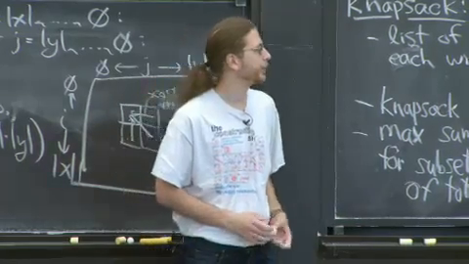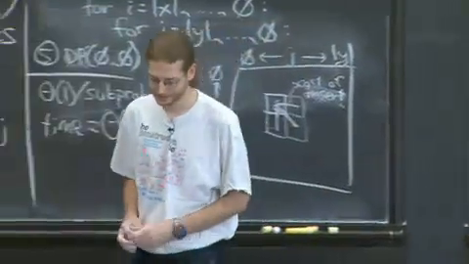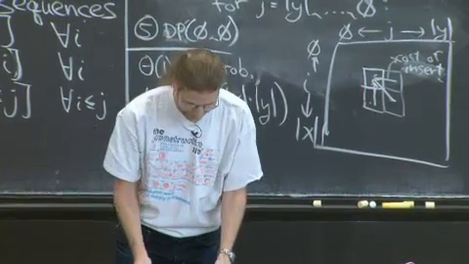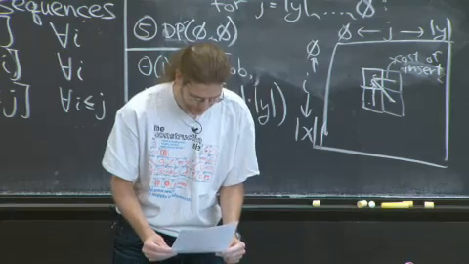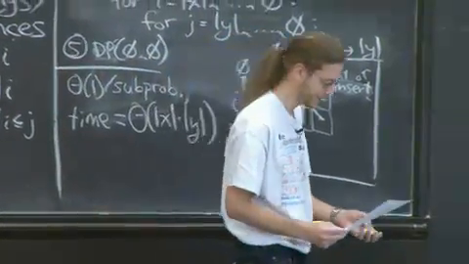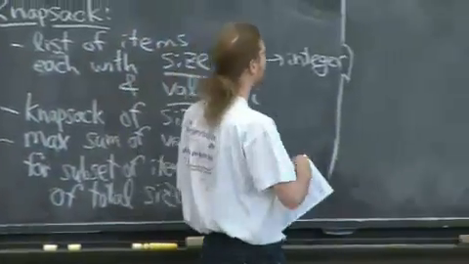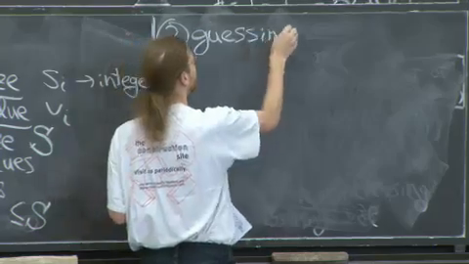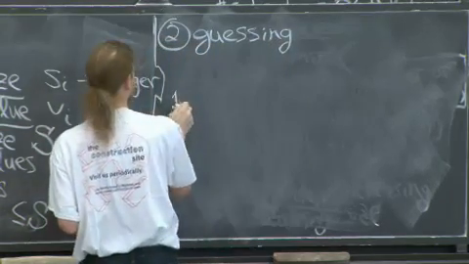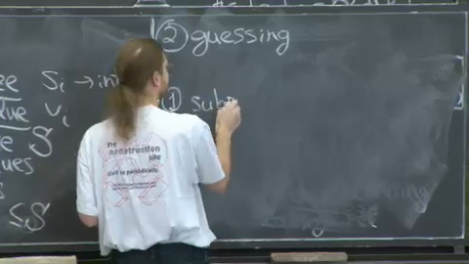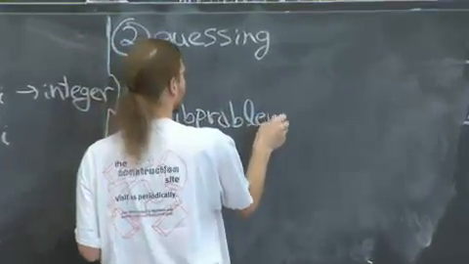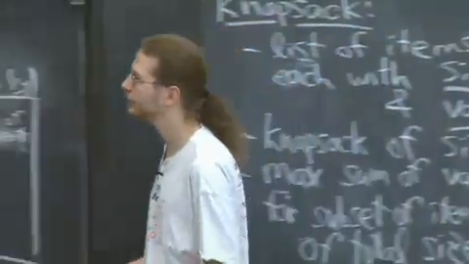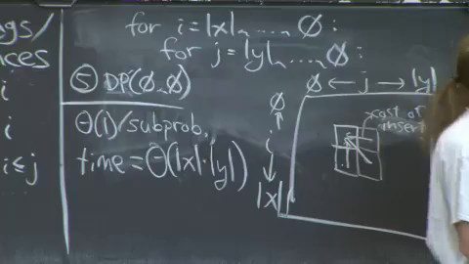How do we do this with dynamic programming? With difficulty. Don't have a ton of time, so I think I'm going to tell you, well, let's see. Start with guessing. This is the easy part for this problem. We should also be thinking about subproblems at the same time. Even though I said we were leaving sequences, in fact, we have a sequence here. We have a sequence of items.